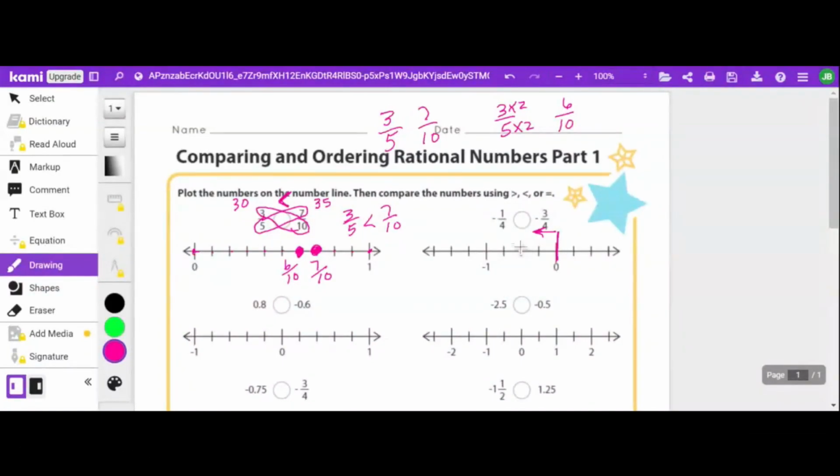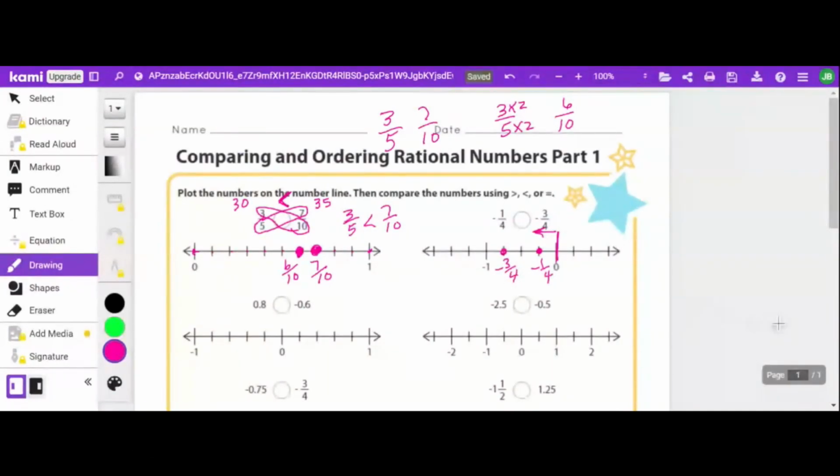So each one of these is a fourth. This is 1/4, 2/4, 3/4, 4/4. So negative 1/4 would be right here. And negative 3/4, 1, 2, 3, would be right here.